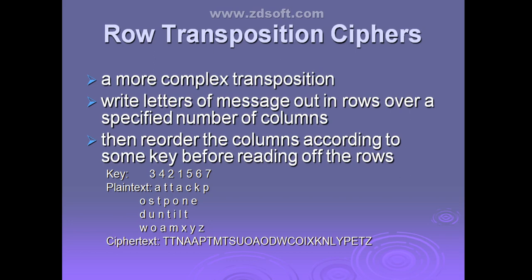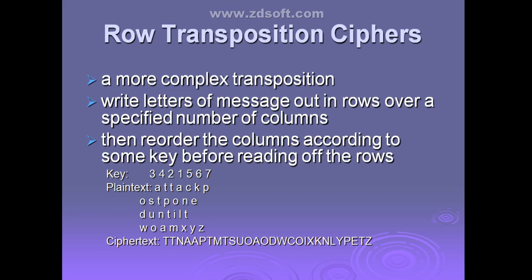Is that clear? Rail fence, how does it work? Write the message letters out diagonally over the number of rows and read it row by row to get the ciphertext. Here we have not substituted or replaced any letter with another letter.